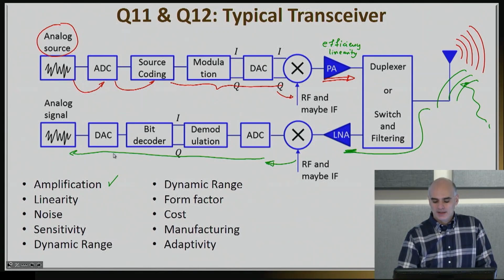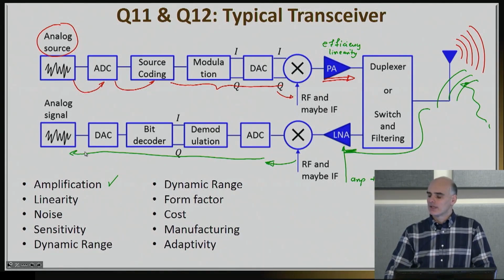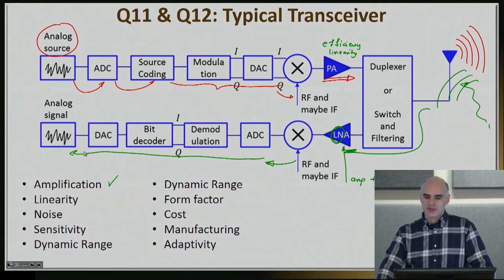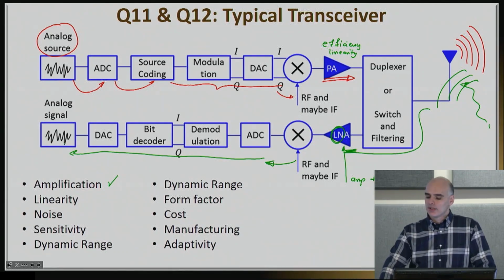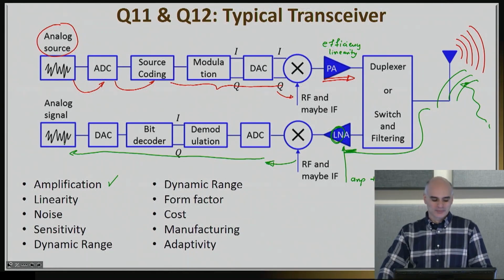This guy here, unfortunately, in addition to amplifying the signal, also adds noise. Too bad. Not only are you starting with a very weak signal, but at the same time, you're now adding noise. And so that's why the LNA stands for low noise amplifier. It's very critical to make sure this noise is as small as possible. And so we make a lot of sacrifices in this design just to keep the noise low.